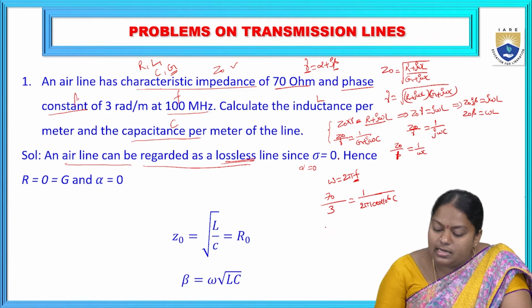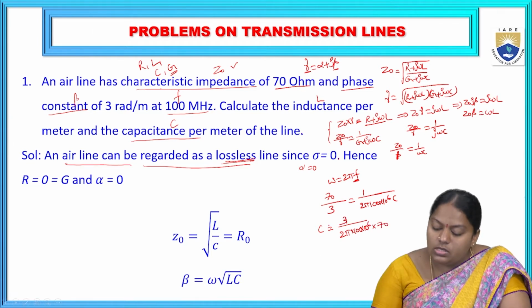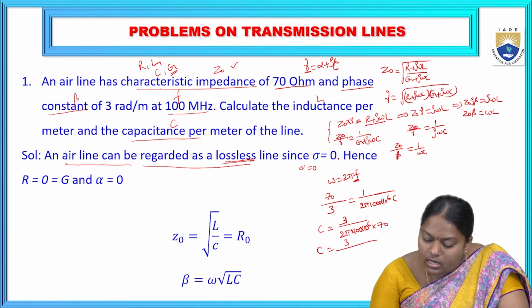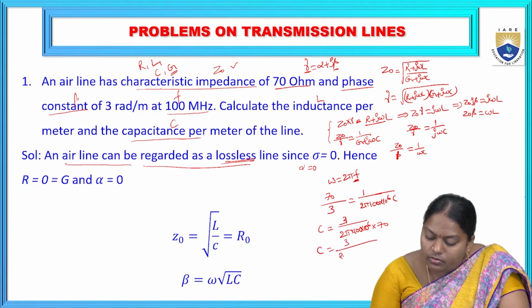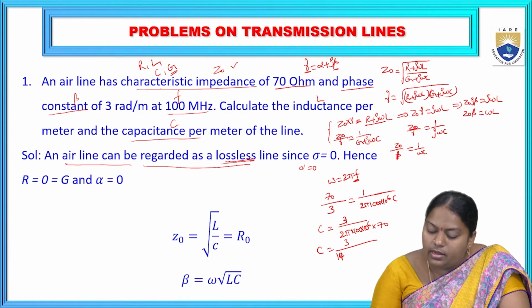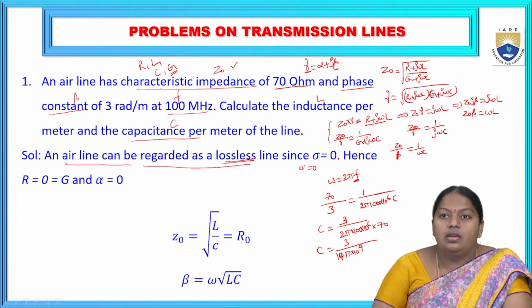So to find C, C equal to 1 by 2 pi into 100 into 10 power 6 into 70 by 3. So see here, C is equal to 3 by 2 pi into 70, which means 140. 2 into 7 becomes 140, and here 10 cube, and this becomes 14 pi into 10 power 9 to be obtained.